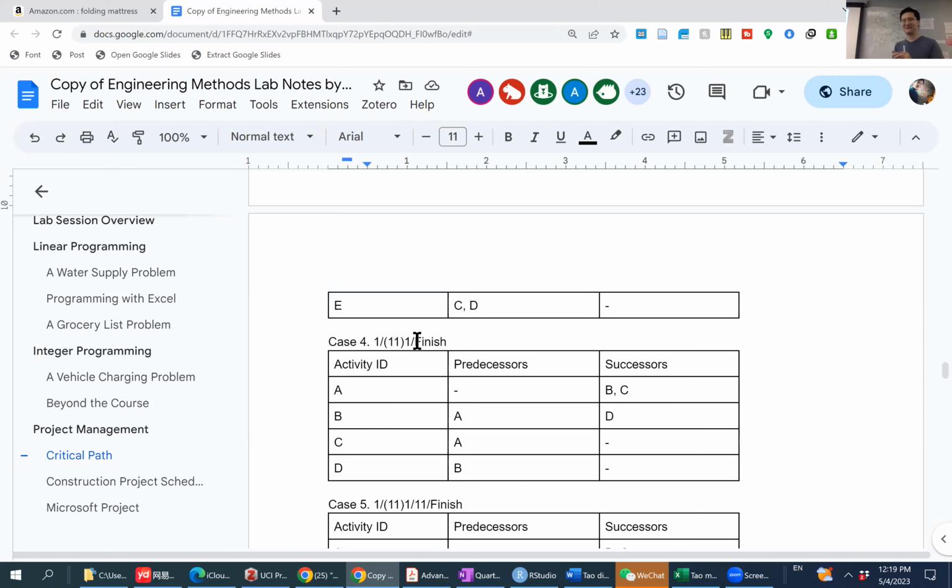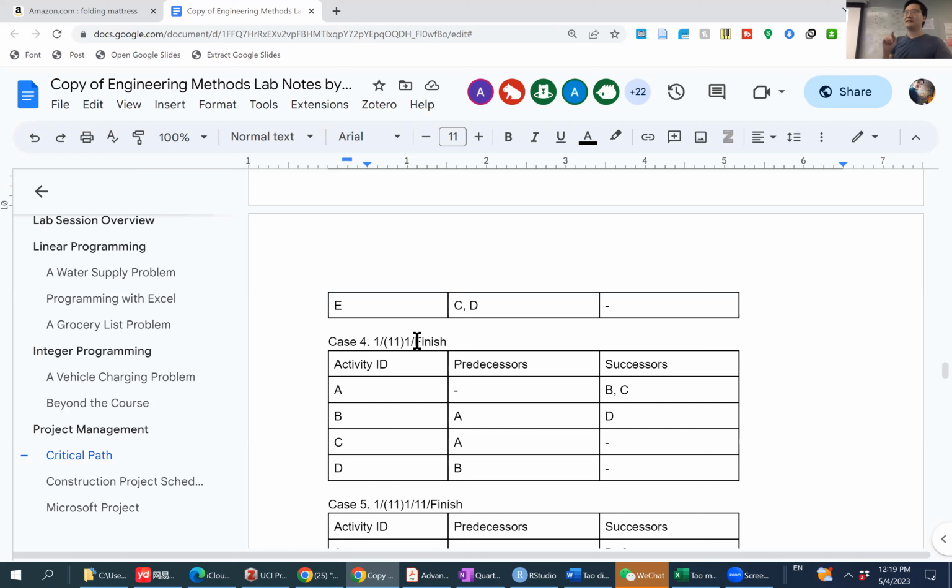I have a question for the AOA, because in the notes it says that you can have 2 events connected by 2 activities, but then that's what's happening in 3 and 4. You mean you don't want to see like this? Yeah. Because both C and D point to the same node.